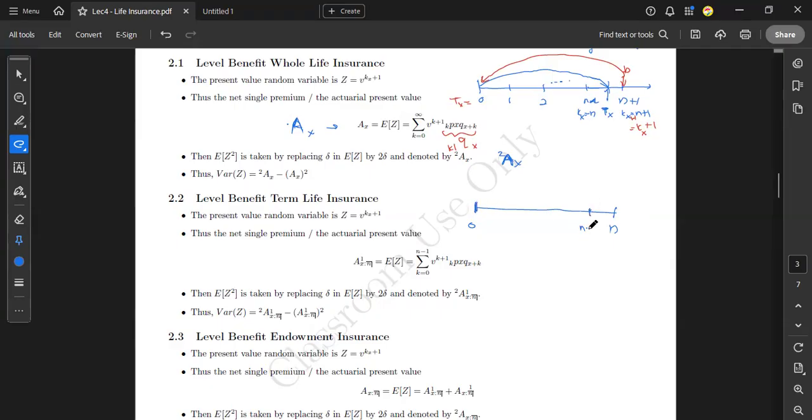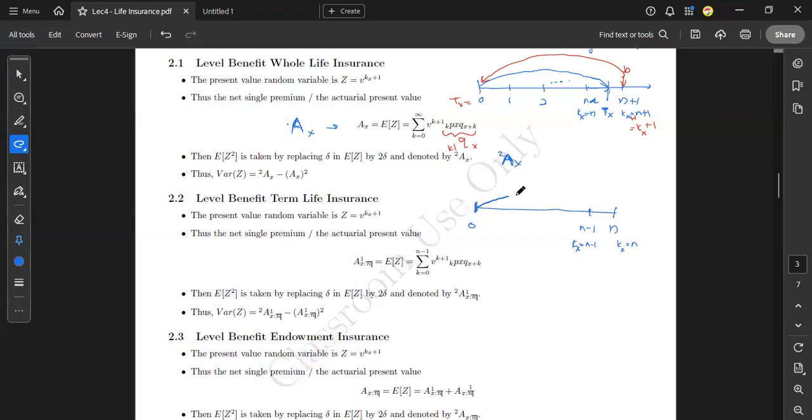So that means the previous year before n is n minus 1. And here, the highest value we can get for the discount is n. That means the death should occur in between n minus 1 and n. So the Kx value is n minus 1 at this point and Kx value is n at this point.